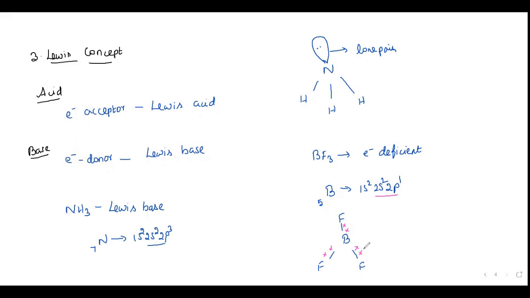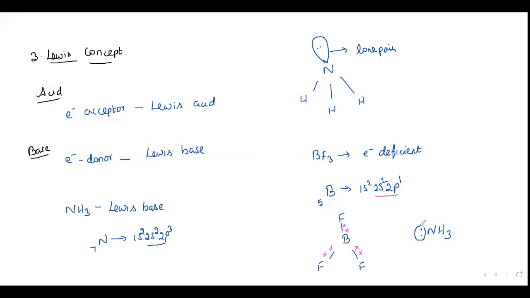Okay, 3 electrons contributed by boron, remaining 3 electrons contributed by 3 fluorines. So there are 6 electrons in boron. But as per octet, oct means 8, it needs 2 more electrons. So what will happen? In this case, NH3 has one pair of electrons.